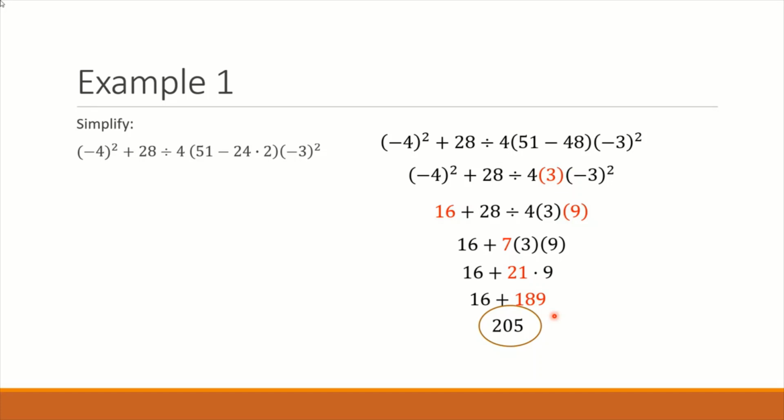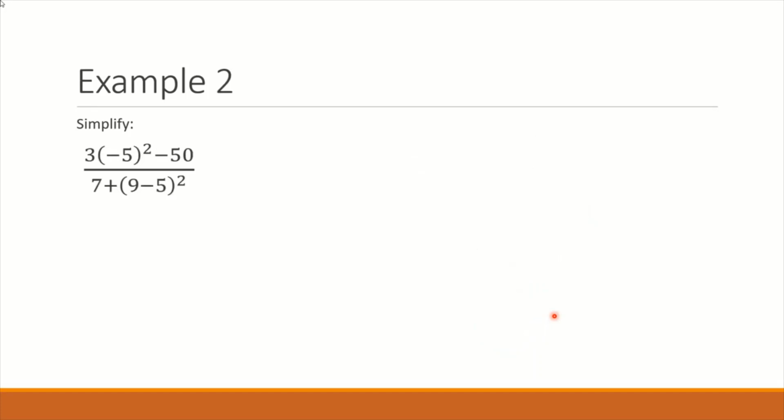All right, let's go to the next example. Example number 2. Here's an example of a fraction. And actually, this is 3 times parentheses -5 squared, minus 50, over 7 plus parentheses 9 minus 5 close parentheses squared.